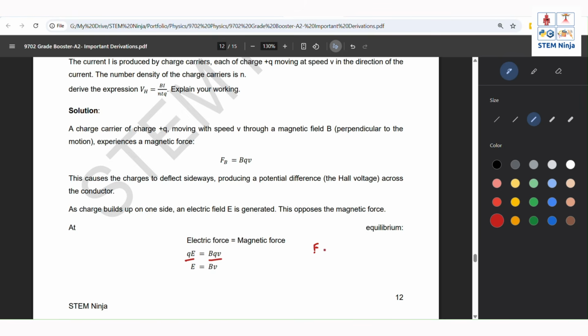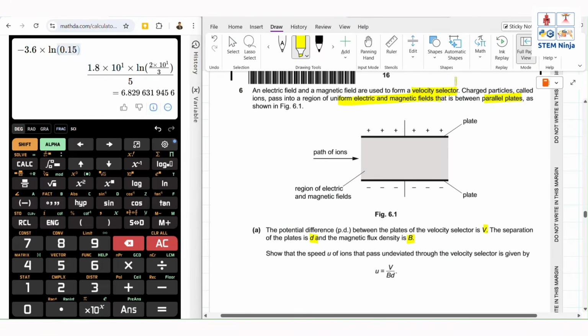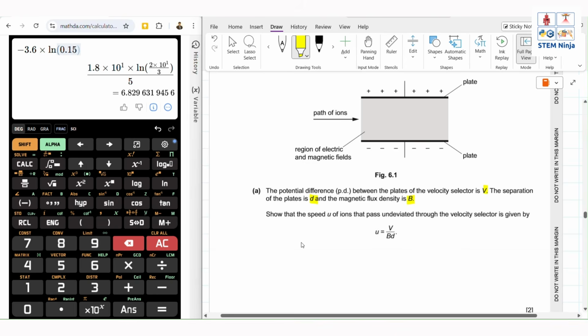So we know that E is equal to V over D in the case of parallel plates. So when we replace V over D equals BU, we can then just rearrange to get our required form. So going back to the paper, let's do this together.